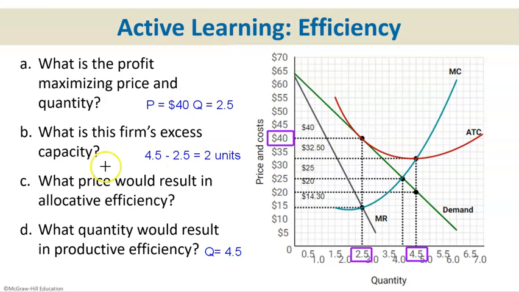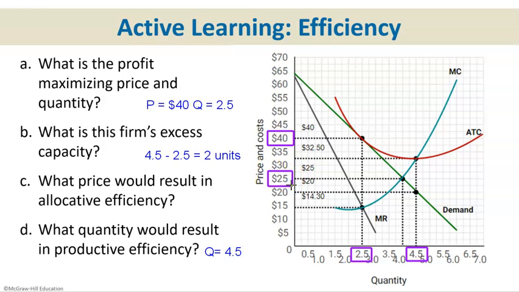Now, let's look at allocative efficiency. Remember, allocative efficiency is where the price equals marginal cost. So you want to find where the demand curve, that's what tells you price, hits marginal cost, which is this point right here.